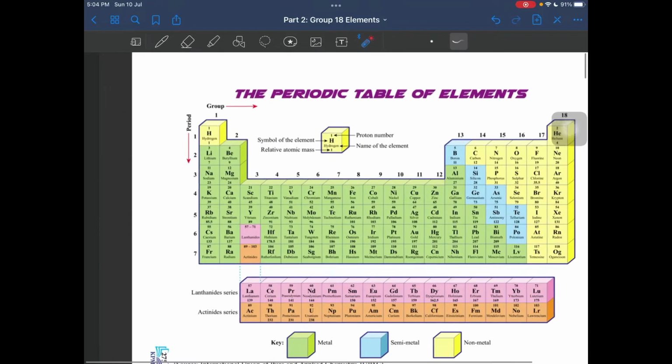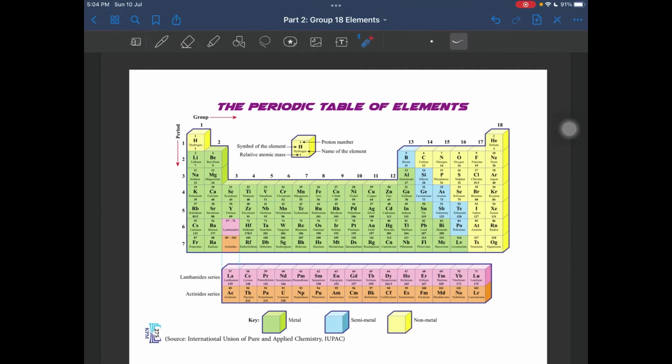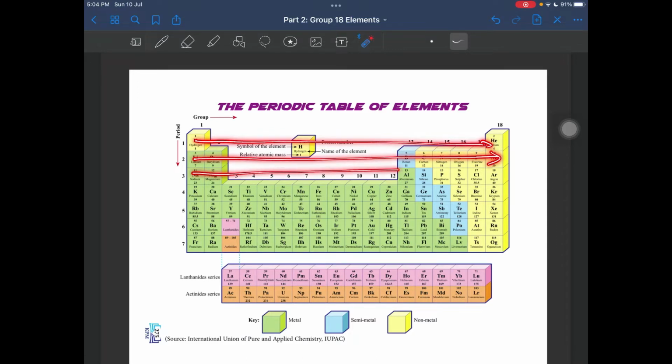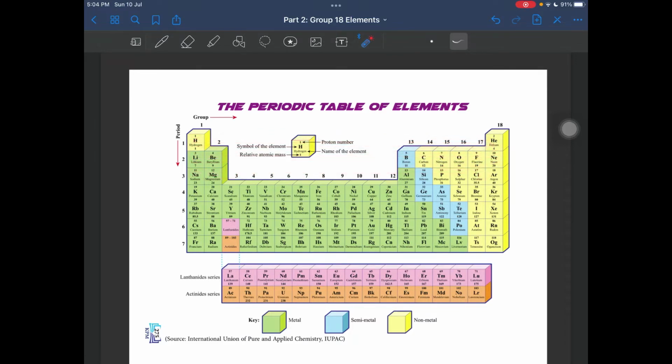We have learned that in the periodic table of elements, the elements are arranged in ascending order of proton number from the left to the right. And we have learned that the periodic table consists of groups and periods, whereby the groups are represented by the vertical columns and the periods are represented by the horizontal rows.